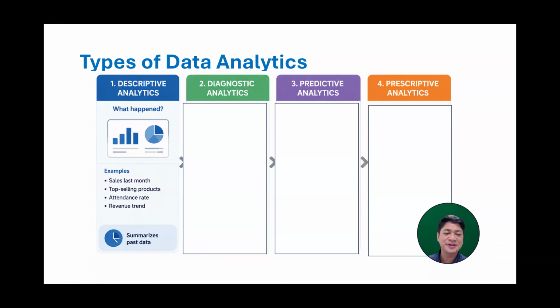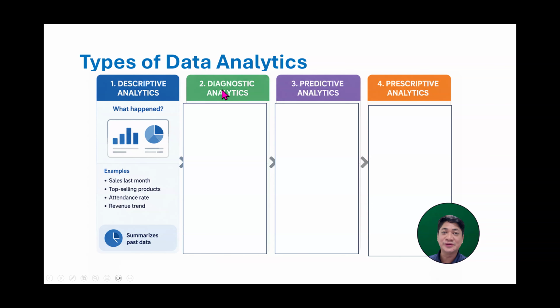You want to find out what happened last month when it comes to sales, what the top selling products are, the attendance rate of your employees, and the trend. The goal of descriptive analytics is to use previous data, previous numbers, in order to find the status of that endeavor or of that aspect.